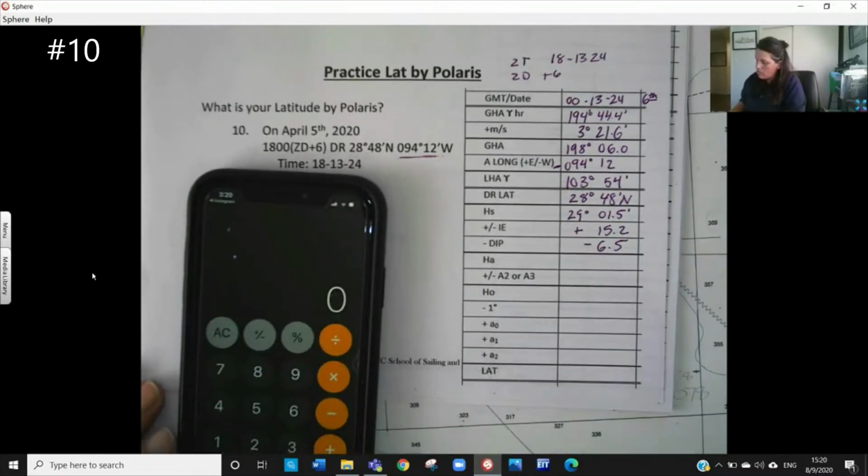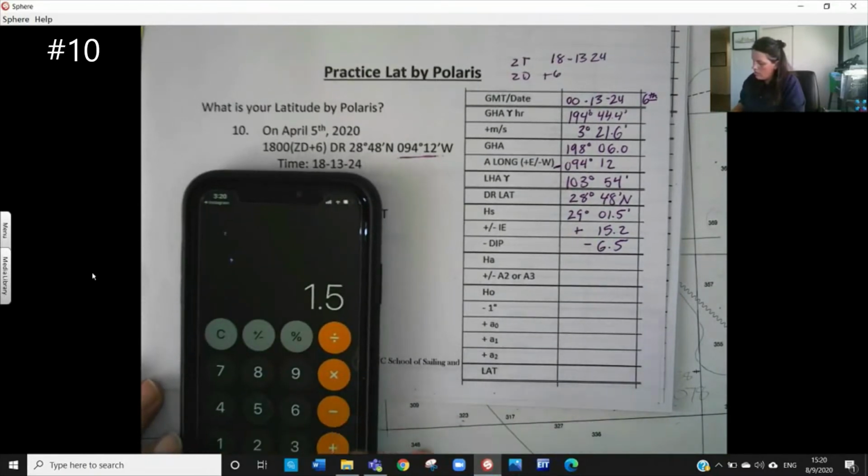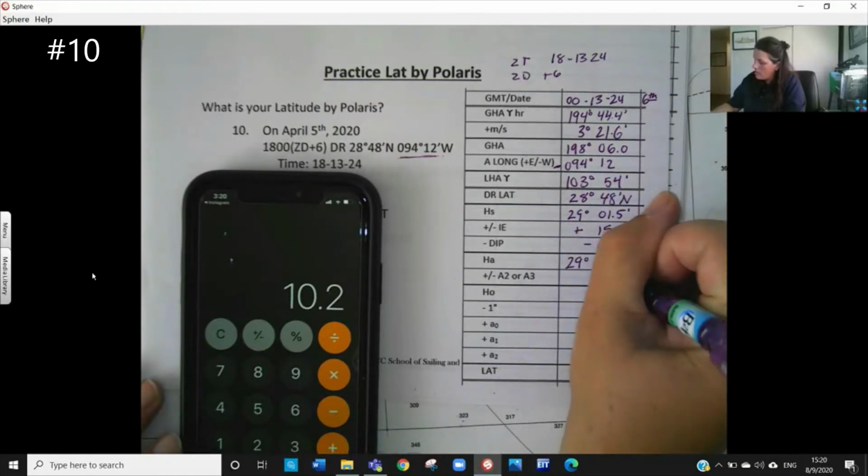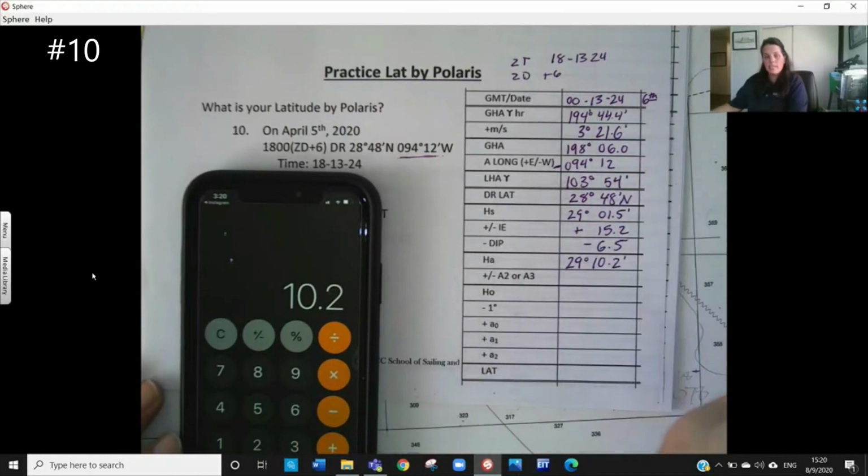So let's add these up. Gives me 29 degrees 10.2 minutes as my apparent altitude.